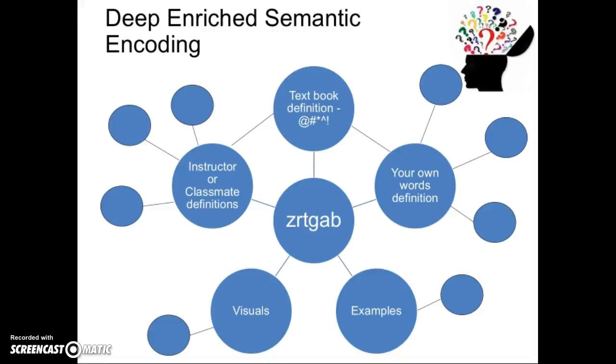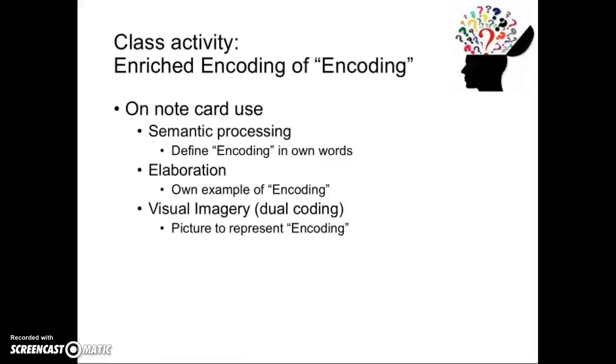So before we leave this topic, I want you to do a little exercise that I do in the classroom when I'm meeting with students. And that is to do the deepest, most enriched encoding of what encoding is.